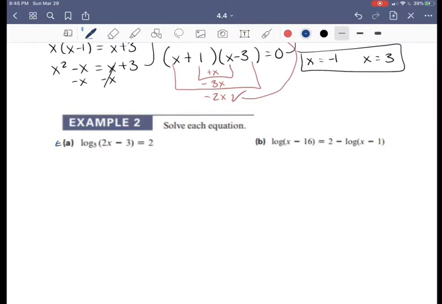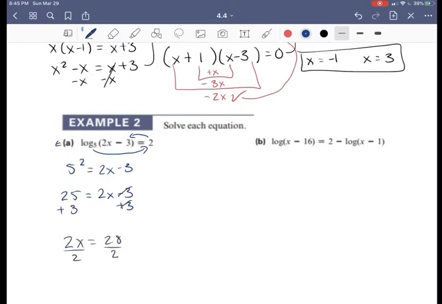So I start with my base, which is 5, go to the 2, that makes it squared, and we have to return, so that's 2x minus 3. That's 25 equals 2x minus 3. Then plus 3 to both sides. The 3's cancel, so I have 2x is equal to 28, divided by 2. So x is equal to 14.